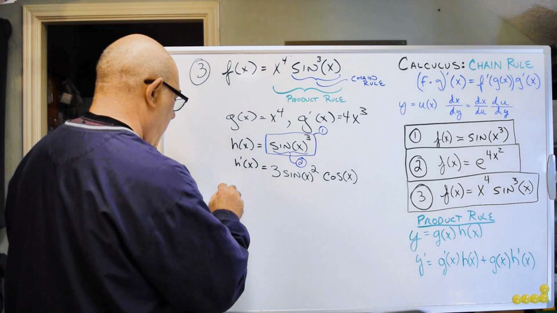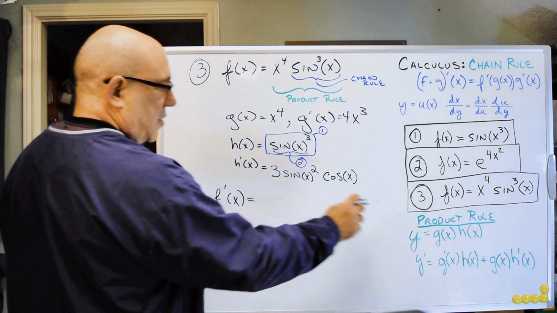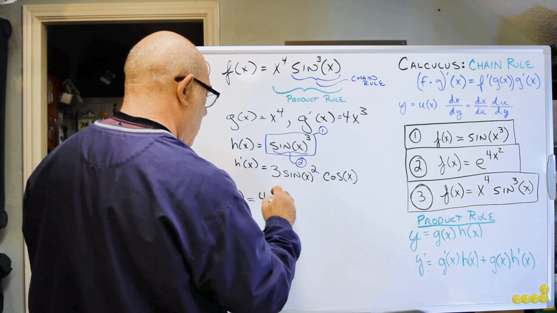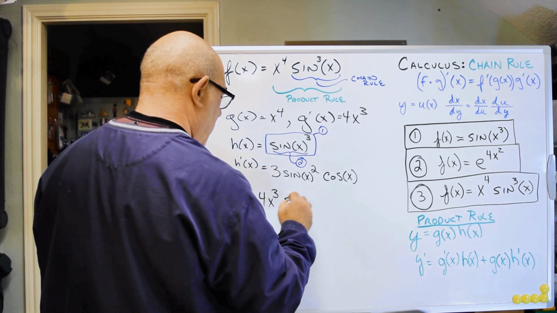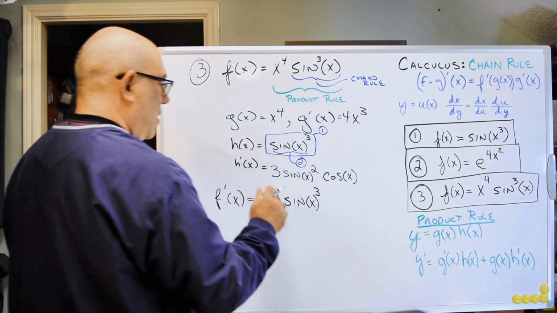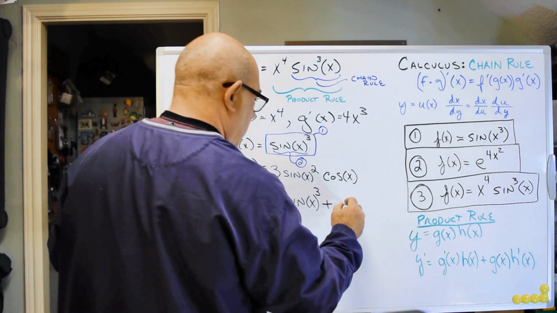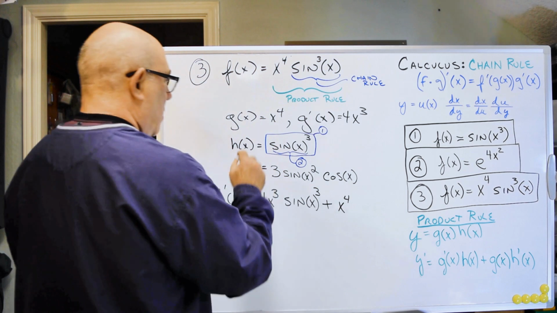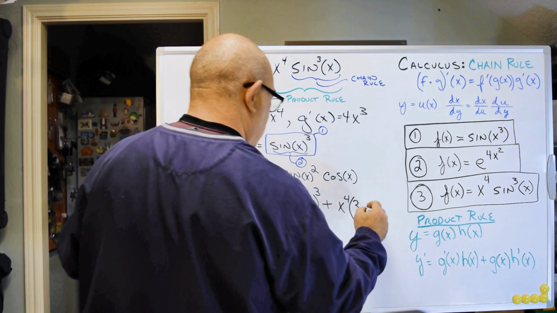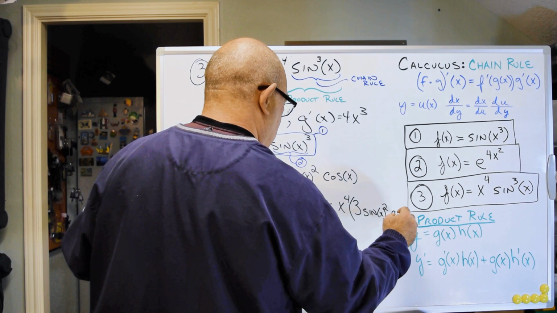So f prime of x will equal g prime of x, which is 4x cubed, times h of x, which is sine of x cubed, plus g of x, which is x to the fourth, times h prime of x, which is 3 times sine squared x cosine x.